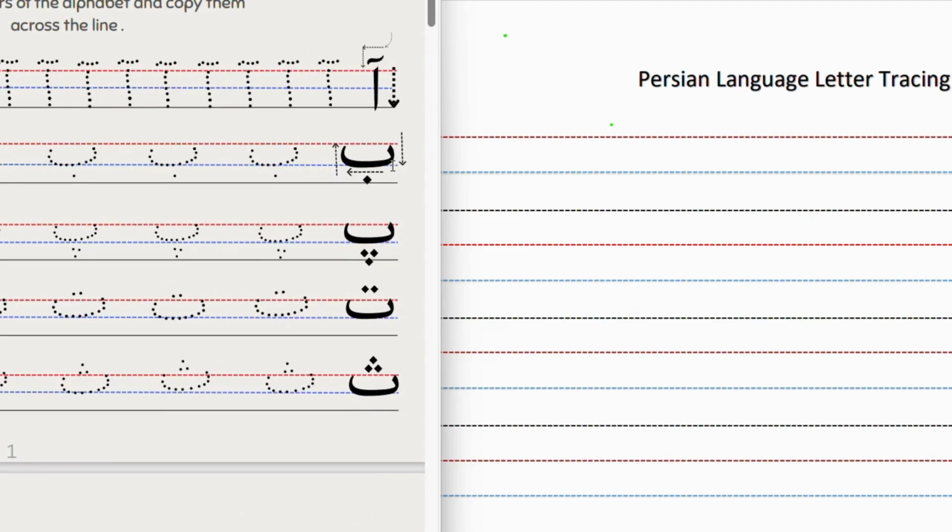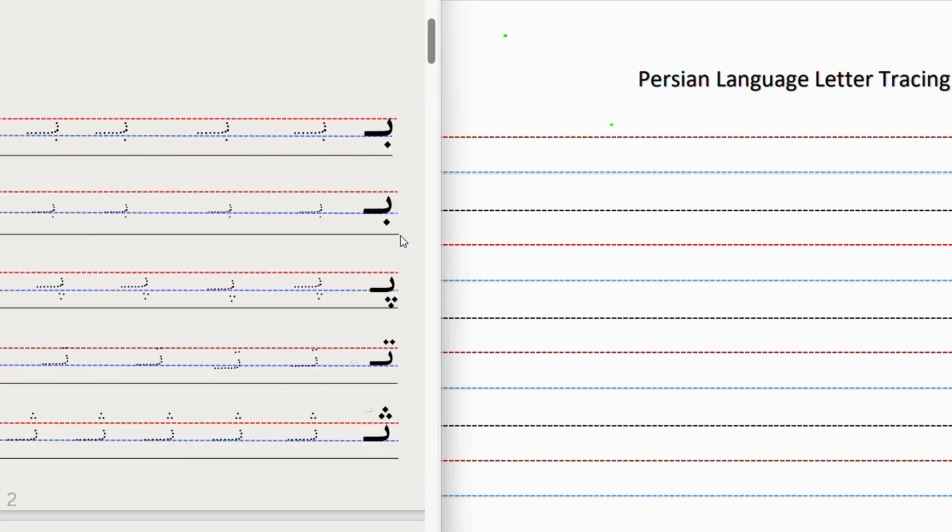If you have this letter with a dot below it, it is B. With three dots, P, with two dots, T, and with three dots, S. So you need to go back and check if you want to understand how to write them.